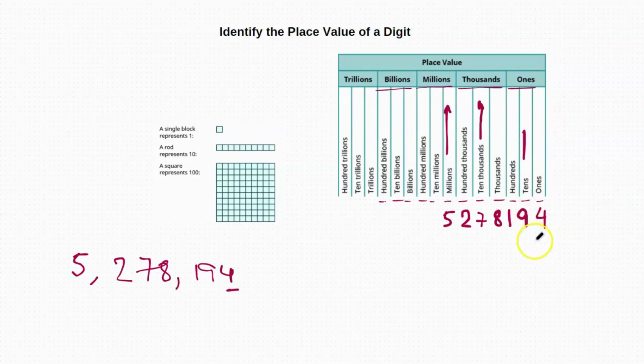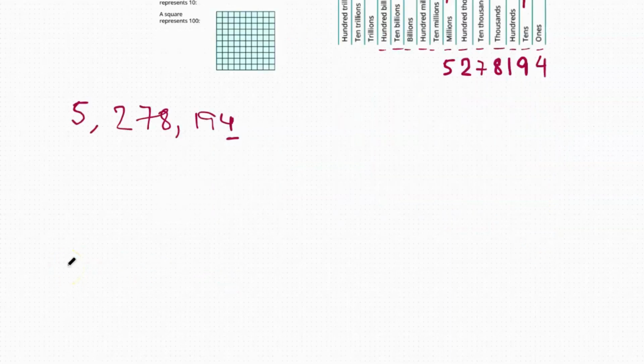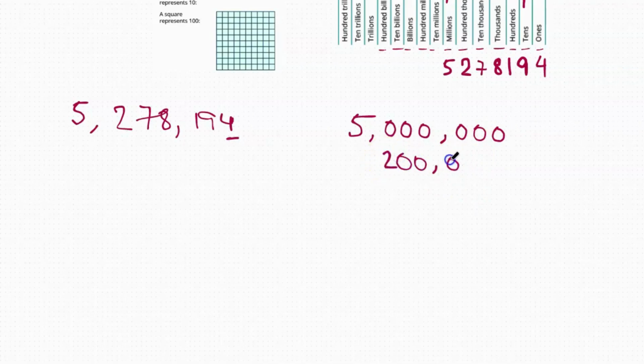Now let's break it down. Since the digit 5 is in the millions place, its value is 5 millions. The digit 2 is in the 100,000s place, its value is 200,000. The digit 7 is in the 10,000s place, its value is 70,000.